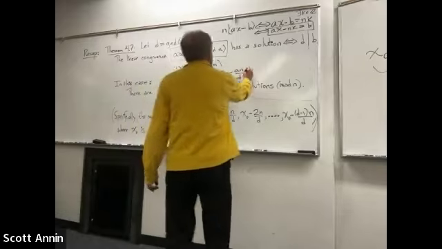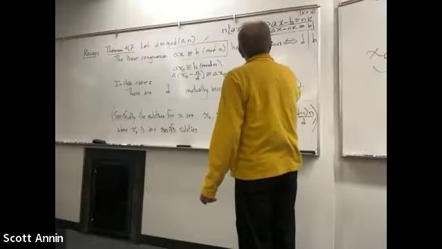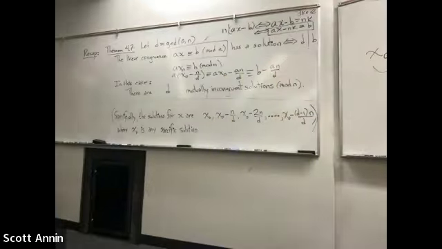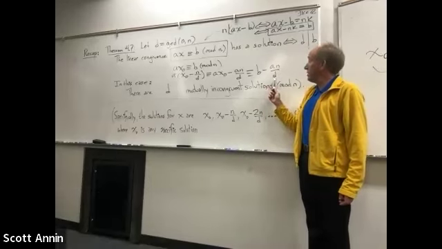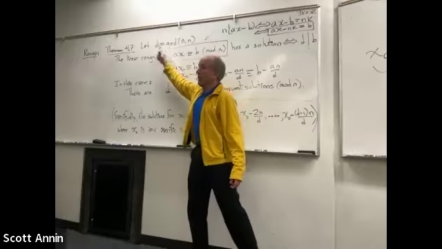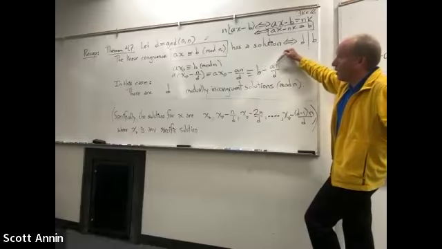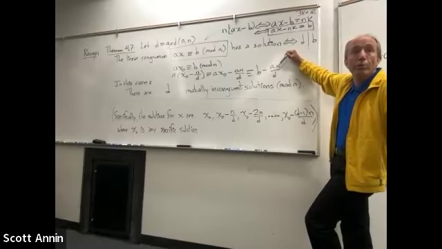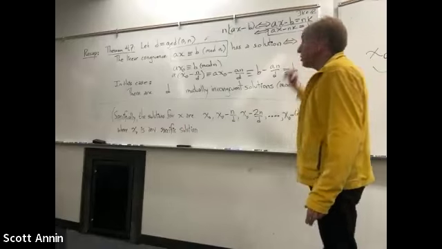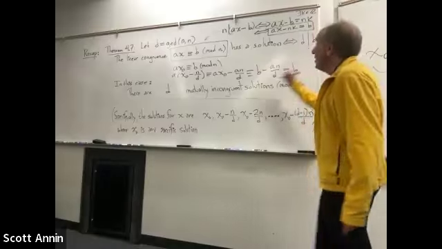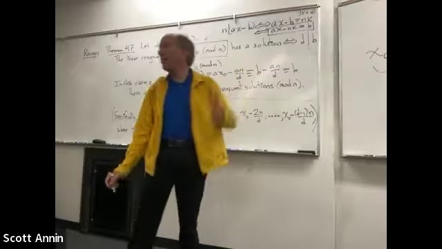And a x naught was given as b, and a n over d is actually a multiple of n, because d divides a. d is a greatest common divisor of a and n, so d actually divides a. So what you're subtracting off of b right here is a multiple of n, meaning that in the world of mod n, you're subtracting nothing. So this guy right here is also a solution to the same congruence.